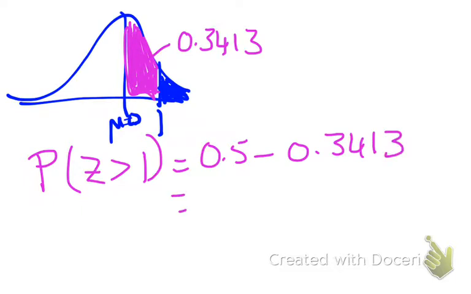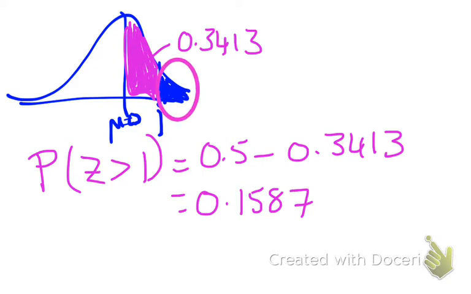And when we subtract those two, we get 0.1587. So that has found how big that little tail there is.